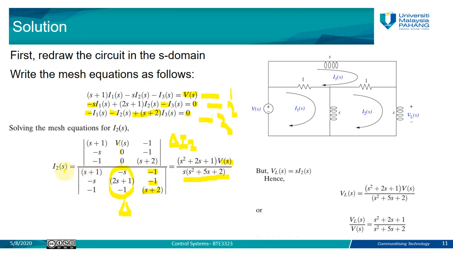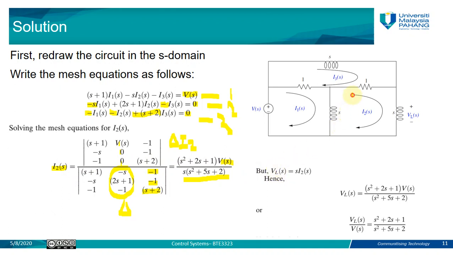Okay, now I have a relation between I2 and Vs, but my transfer function needs to relate VL and Vs, not I2. I don't want to see I2. So we are going to replace I2 by its value in terms of VL.